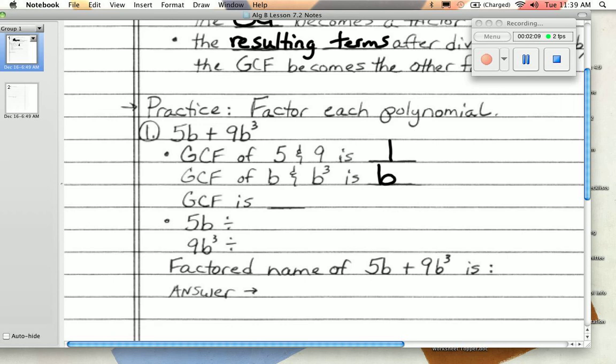Well, you can't divide 3 factors of b out of 1 b, but you can divide a b out of a b, and you can divide a b out of a b cubed. Okay, so the GCF then is, remember what do we do with those? We multiply them. 1 times b, what's our GCF? 1b. Or, this is how we would see it in an answer bank, just b. We wouldn't even have the 1 there.